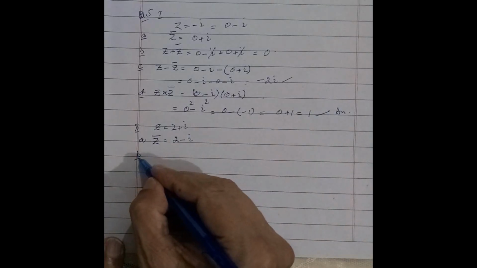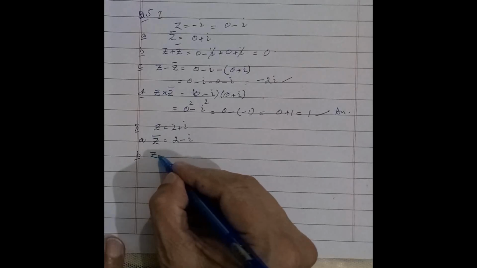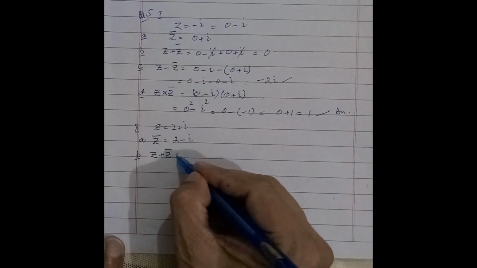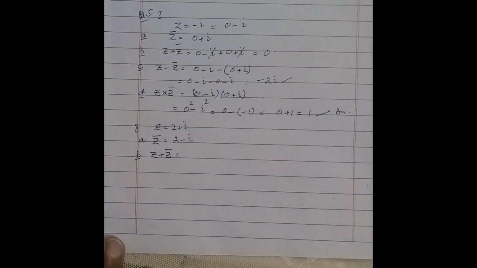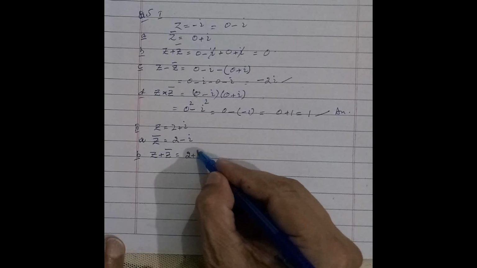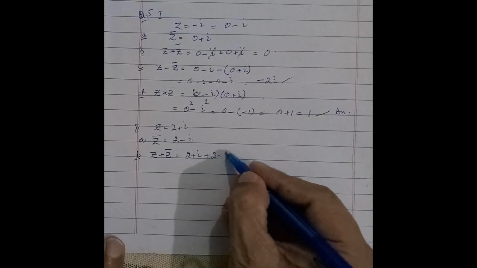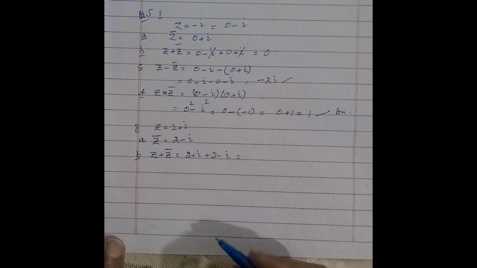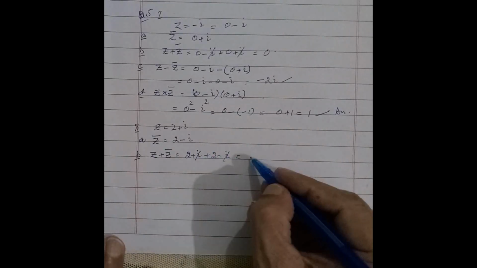And the B part is z plus z bar, mean complex number add with the conjugate of the complex number, which is 2 plus iota, 2 minus iota. Simplify it. Plus iota cancel with minus iota. We get 2 plus 2 is equal to 4.